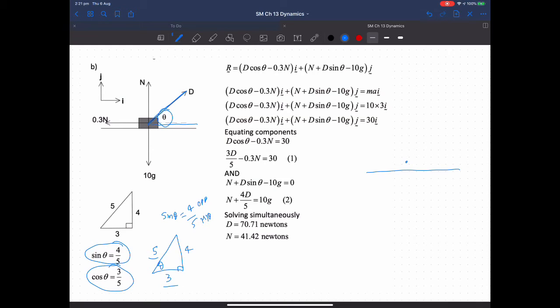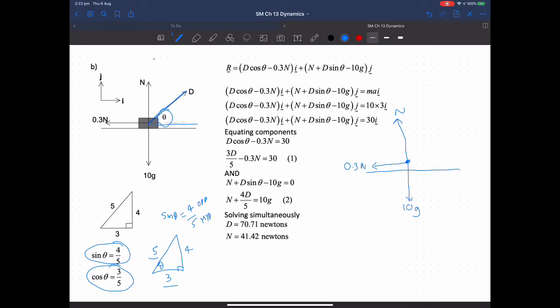We know we have a surface. We know that we have the object with its weight operating downwards. Weight is mass times gravity, so 10g. That has not changed. We also know we have the normal reaction operating upwards. We know that the object is being dragged along the surface, so we know it's moving along the surface, so we still know that friction operates in the opposite direction, and that is 0.3n.